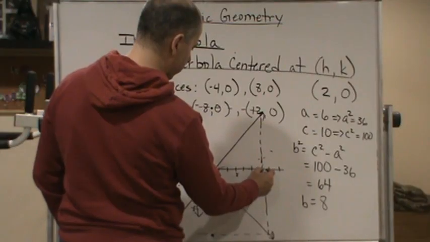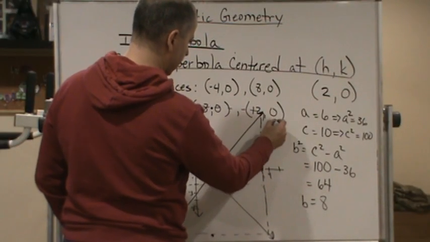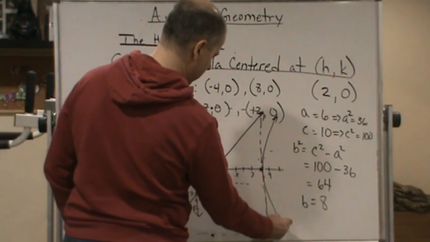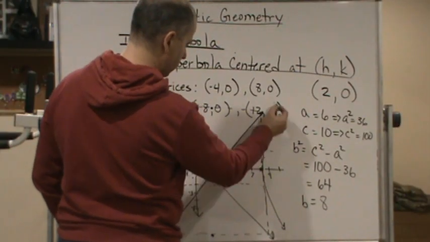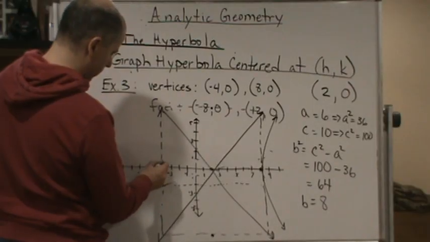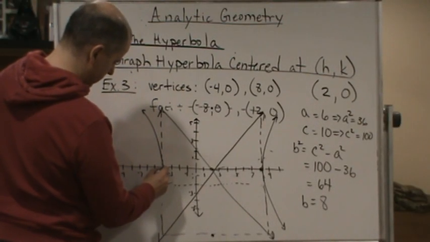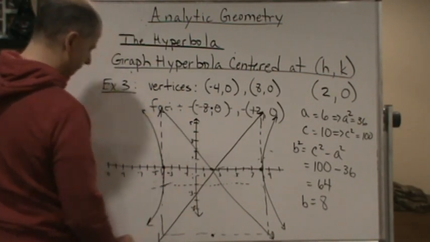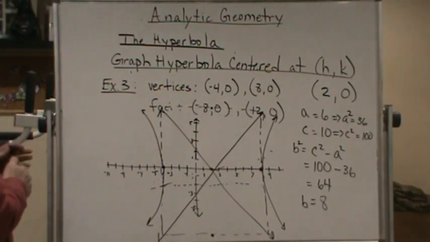So now it's going to go like that. Much better looking. It's going to go towards the asymptotes on either side. So we're going to go like this, and this is going to go like that. Okay, much better. Sorry about that.